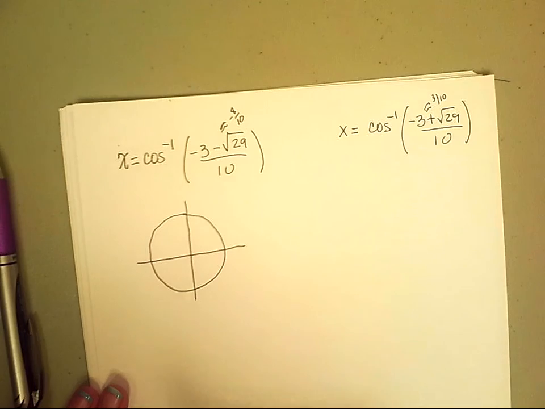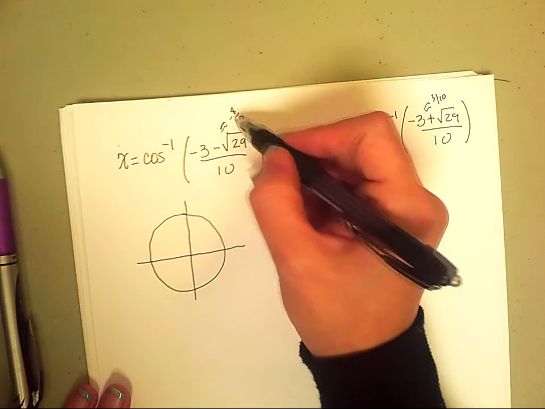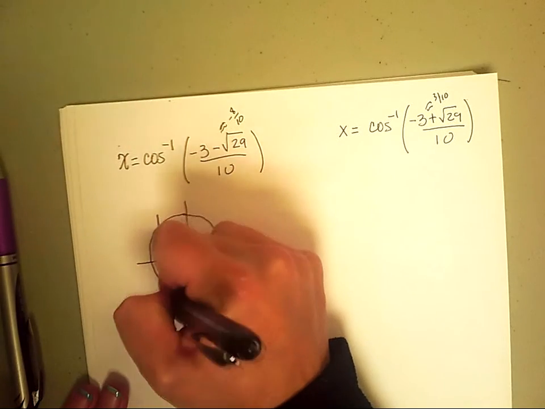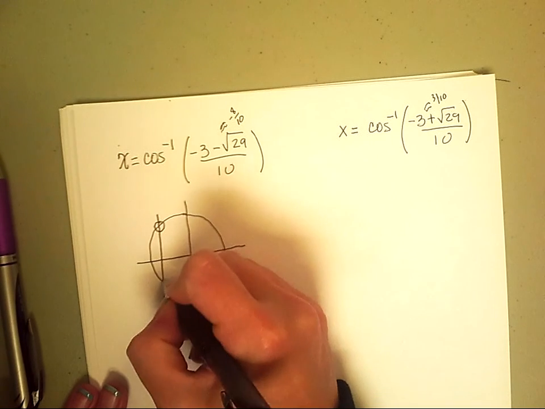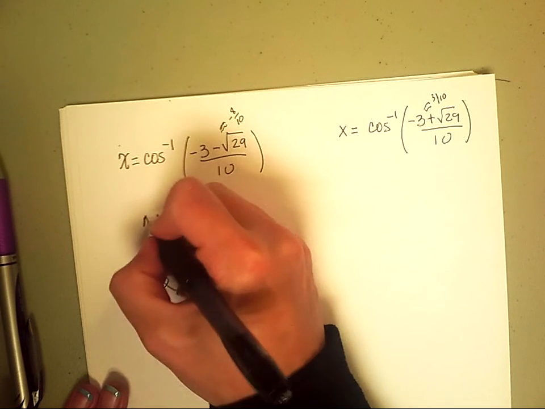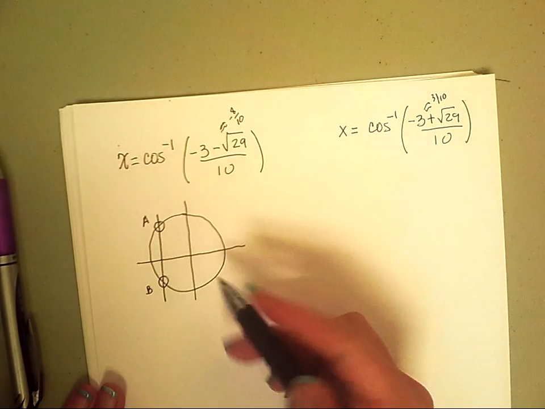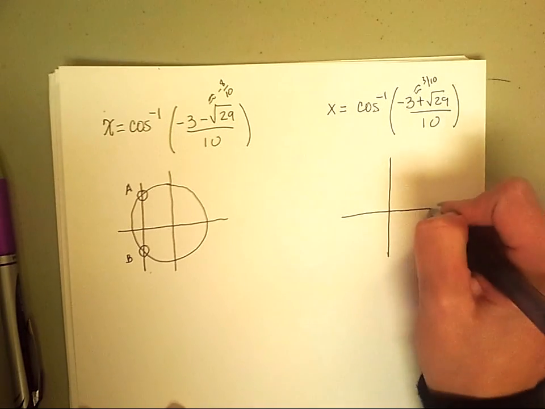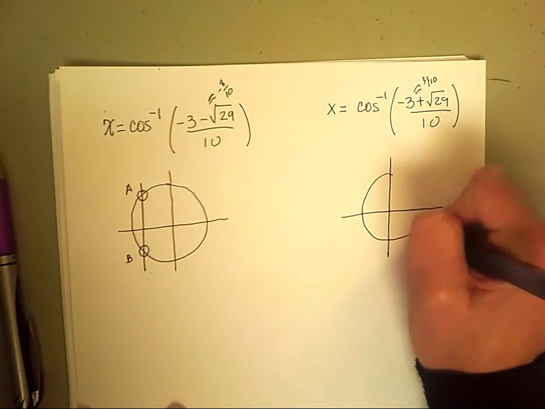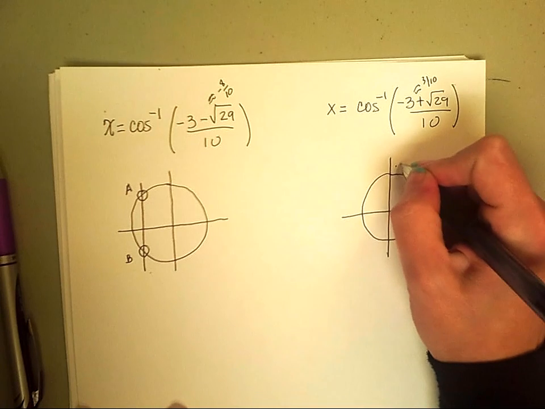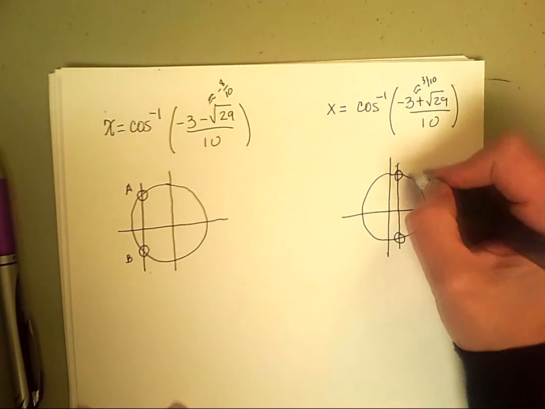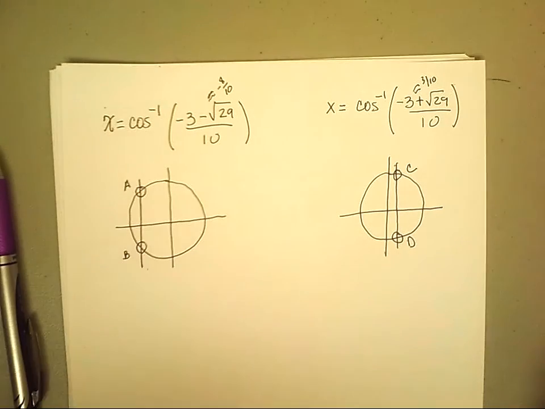So the inverse cosine of negative 8 tenths, which is not quite negative 1, is going to cut the circle here and here. We'll call this one angle A and this one angle B. So we're still looking for two angles. From this side, we had a positive 3 tenths, so that's going to be closer here. But either way, we're still going to get two solutions. We'll call this one C and this one D.